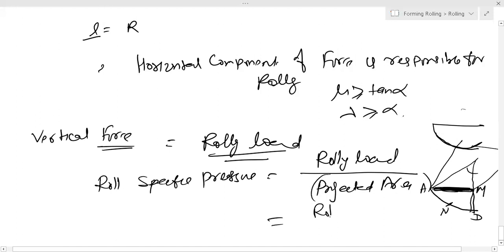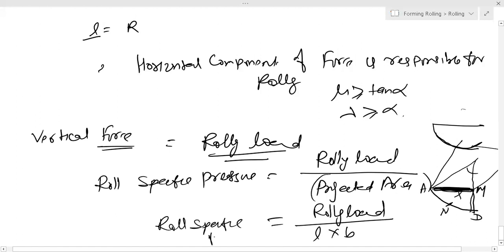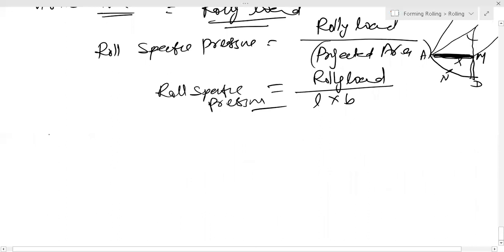So we can write rolling load is equal to projected L, L into B, that is area, into roll specific pressure, which we denote by sigma bar.